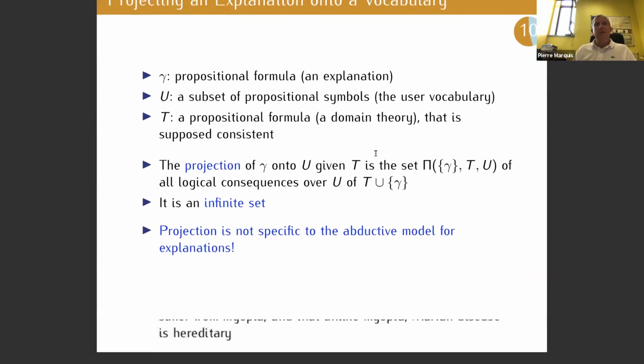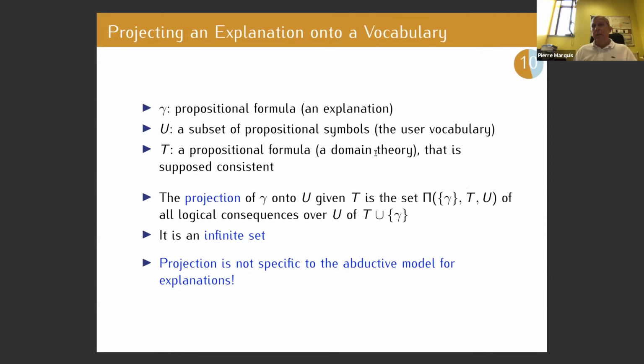So what is this projection? This is quite simple. The projection of an explanation onto a vocabulary simply is, given a domain theory, the set of all the logical consequences of the explanation completed by the domain theory, and the consequences over the user vocabulary, over the facts, the atoms that the user can understand.